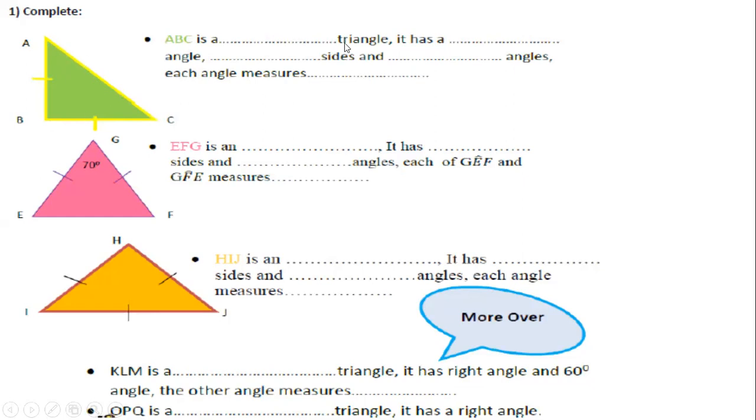We should fill here the blanks according to this triangle. ABC is a triangle. You can see that in this triangle, we have a mark on side AB and a mark on side BC. We have the same marks. So what about these two sides?